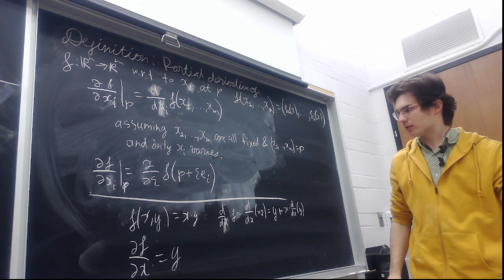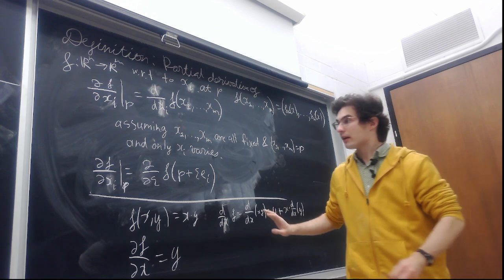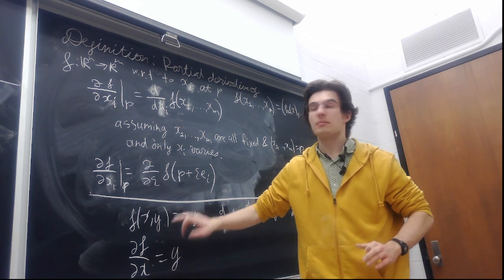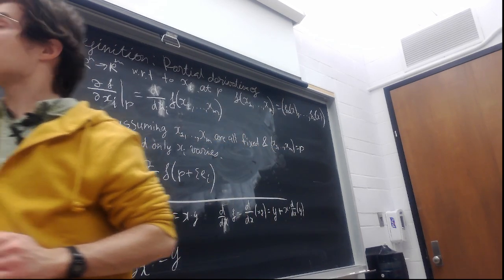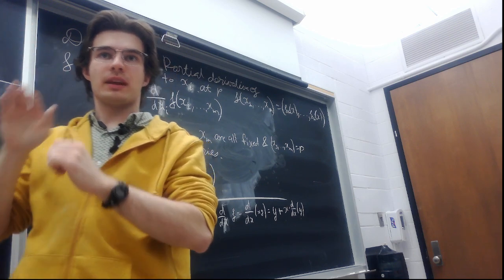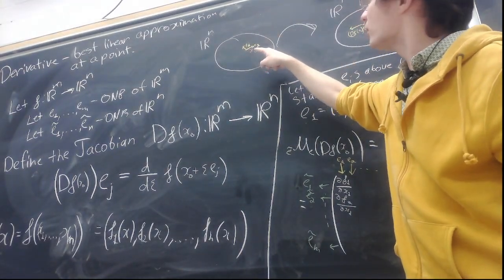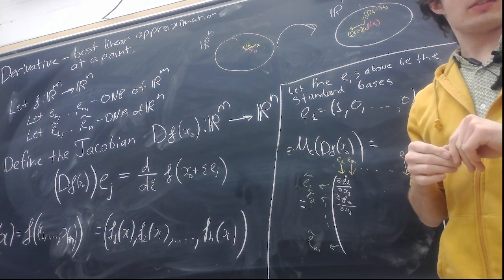Do you see why in our case we want to use a partial derivative? Because we want to isolate a single direction and only look at the linear approximation in that one direction, fixing everything else, and say that we can only move in this way and not any other way. That makes sense? Okay.